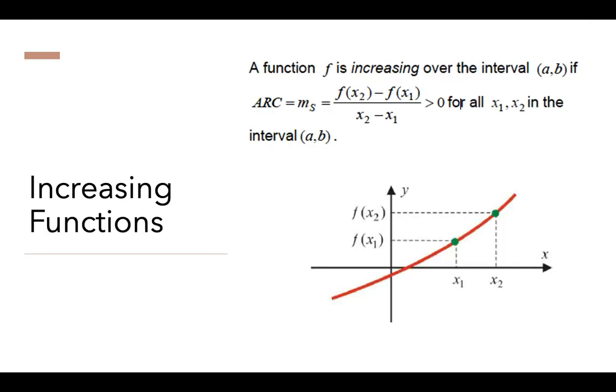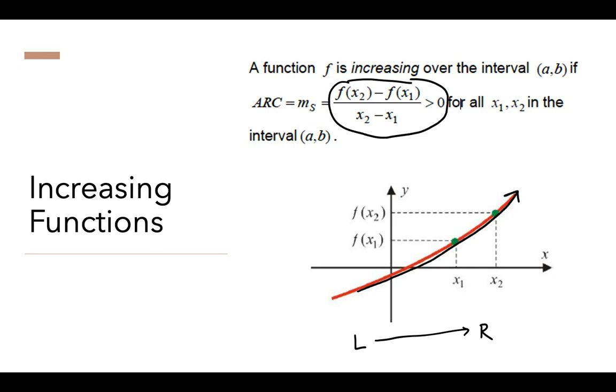Now, when we are also looking at rate of change, we need to distinguish if the function is increasing or decreasing. We can define the function to be increasing if the average rate of change is greater than 0, meaning it's positive when you're reading the graph from left to right. As I'm reading, the graph is increasing, so the average rate of change is going to be positive.